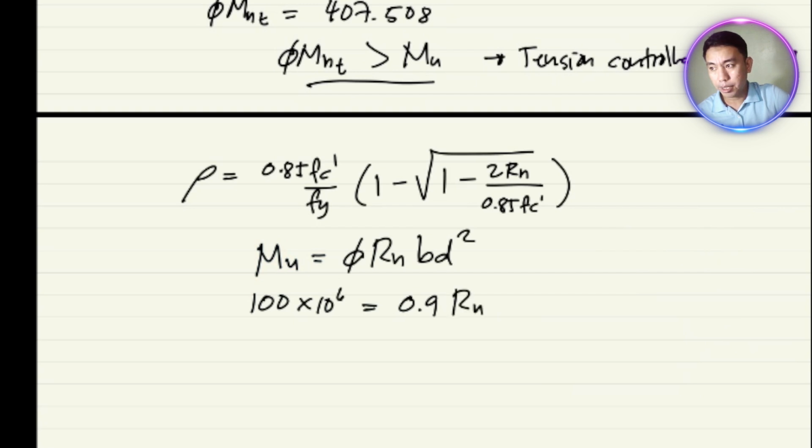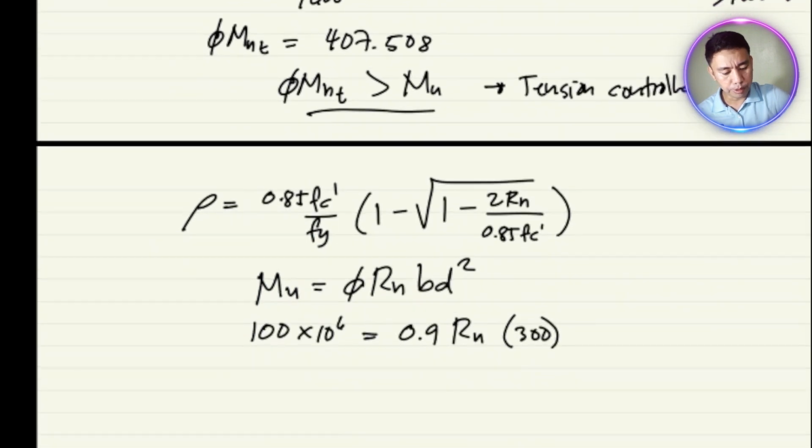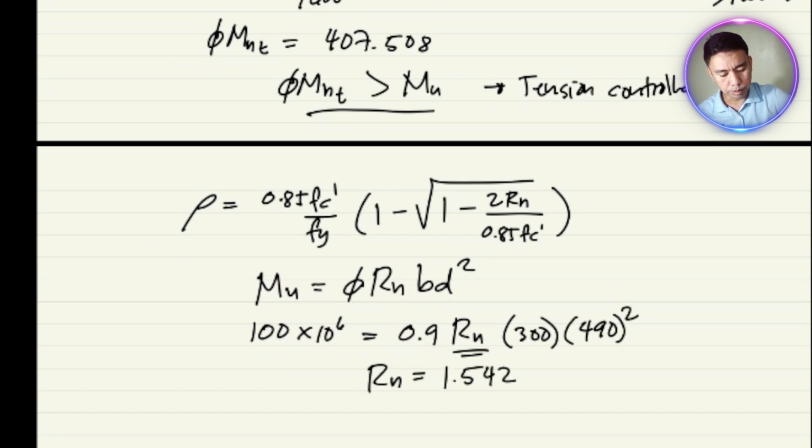And then Rn. Our b is 300. And then our d is 490 squared. Okay, from here we can solve Rn. Our Rn is equal to 1.542.